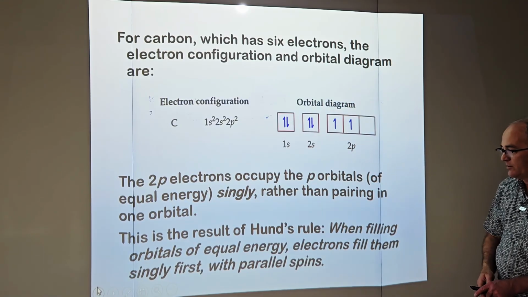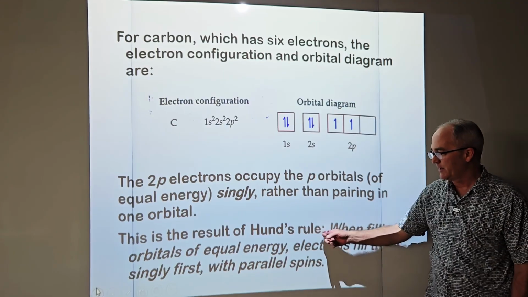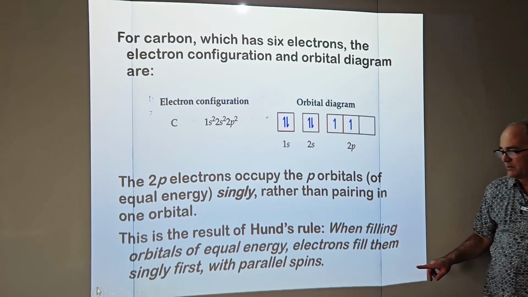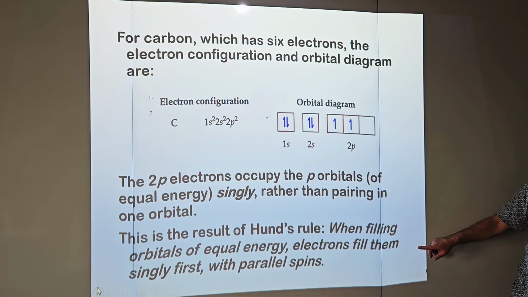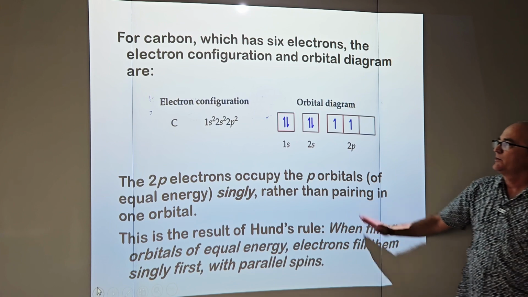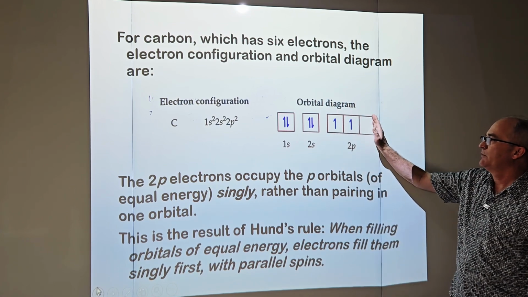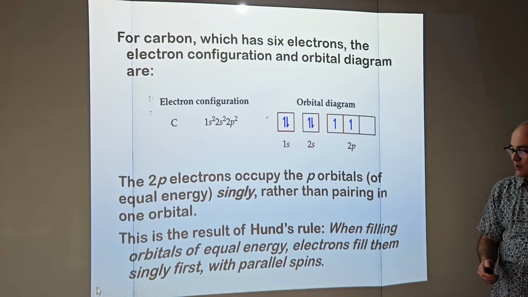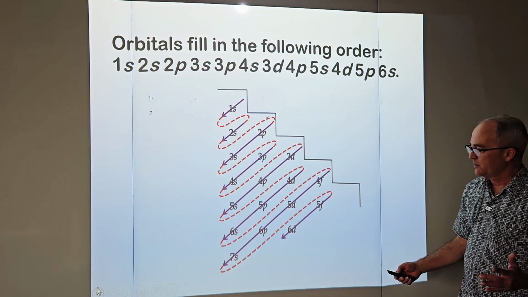So this is an important thing. It's so important we named it after the fellow that came up with it. Hund's rule. When filling orbitals of equal energy, electrons fill them singly first with parallel spins. So all the spins will be up. Then when you come back, spins will be down. That's Hund's rule. Here's another mnemonic.